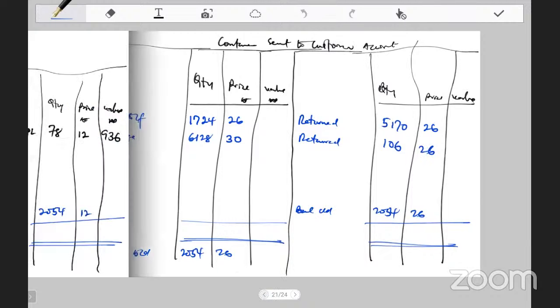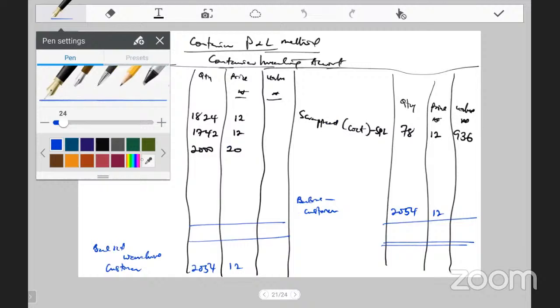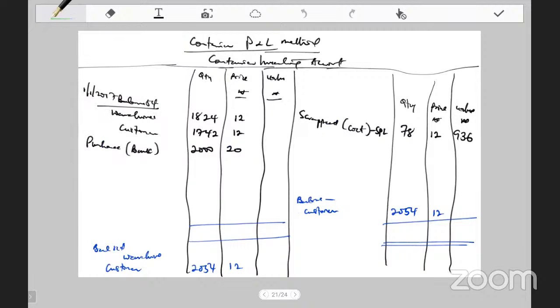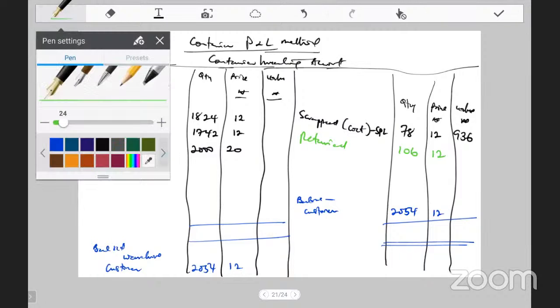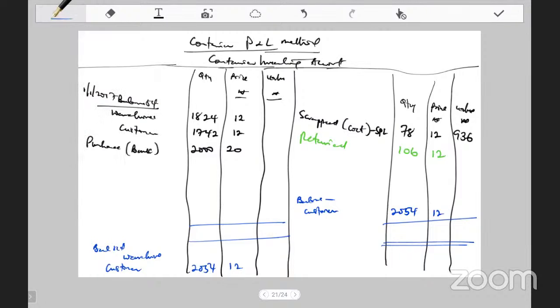But please note, whatever we are going to write in the container inventory, that will be retained, which is 106, must be at the book value. So that is that. Is there any other information in the question? No, sir. So let's wrap up without any figure poisoning us.